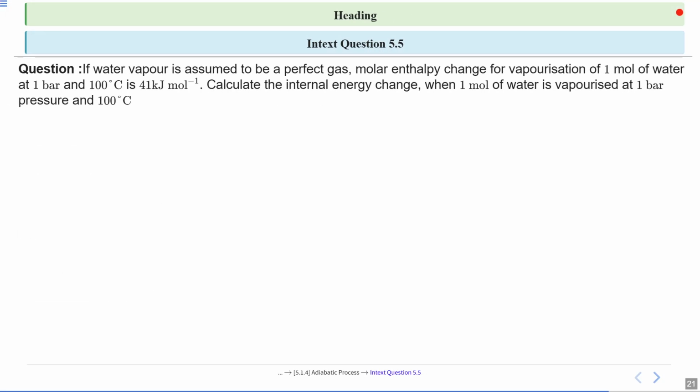Now we'll try to do a question. The question says that if water vapor is assumed to be a perfect gas, the molar enthalpy change for the vaporization of 1 mole of water at 1 bar and 100 degrees Celsius is 41 kilojoule per mole. You have to calculate the internal energy change when 1 mole of water is vaporized at 1 bar pressure and 100 degrees Celsius.